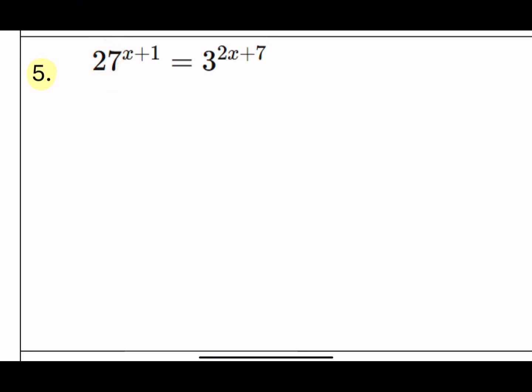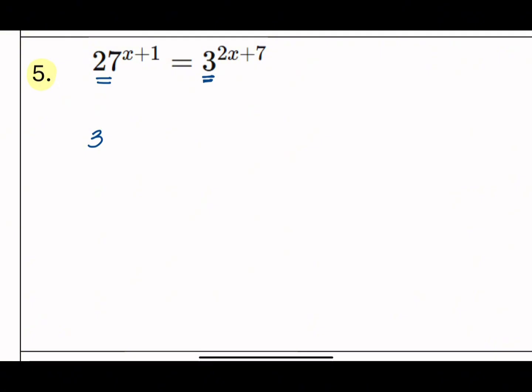And one of the tricks is that between 27 and 3, 27 is higher, so it's going to be hard for me to express 3 with a base of 27. So I take the lower value, 3, which means I want my 27 to have the base of 3.